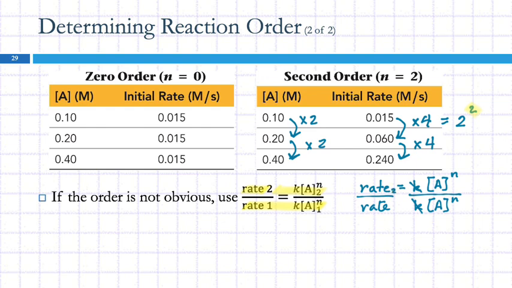So the rate 2, concentration 2, rate 1, concentration 1. And we'll do an example, I think on the next slide, where we plug some concentrations in and solve for n because it's not obvious. Any questions?